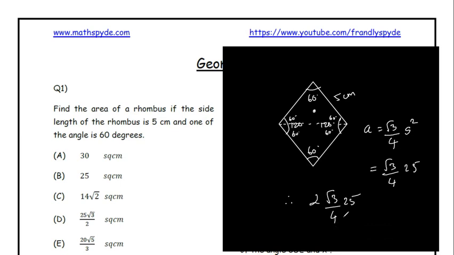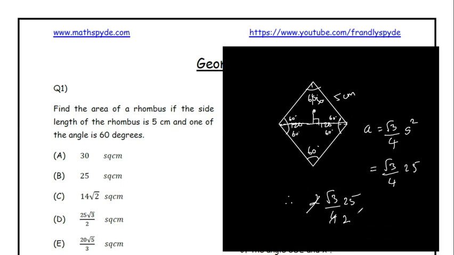Instead of root 3 by 4 times side squared, which is the ready-made formula, you could also use this base. You can use 30, 60, 90 because this is 30 degrees out here, and then multiply it by 4 if you like. You can work it out at your own convenience.